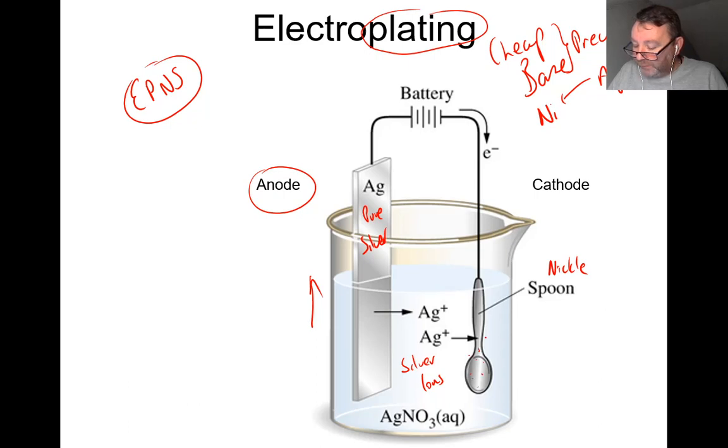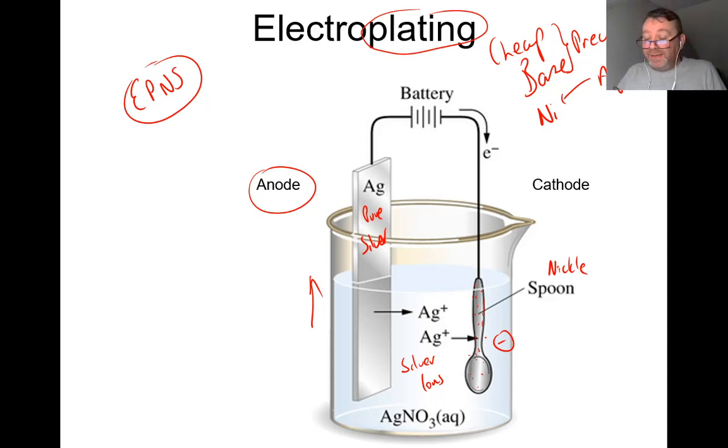So all the electrons will gather on the surface of the spoon, making the spoon negatively charged. So now, because the spoon becomes negatively charged, the silver ions, which are positive, can flow across to the spoon, pick up the electron they require, become elemental silver, and when they do that, they stick to the surface and they begin to plate the surface of this nickel with the beautiful shiny silver metal we all know and love.